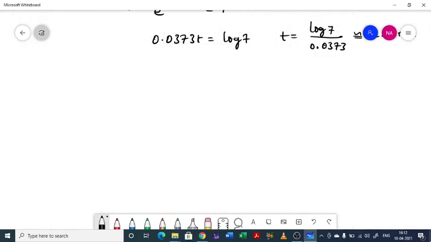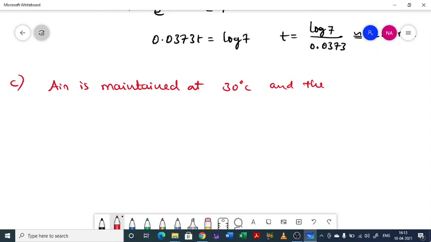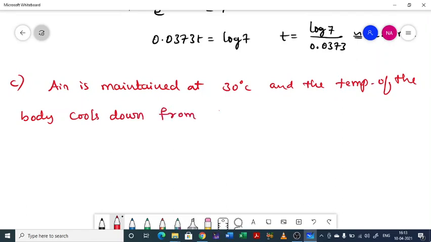Problem C. The air is maintained at 30 degrees Celsius, and the temperature of the body cools down from 80 degrees Celsius to 60 degrees Celsius in 12 minutes.